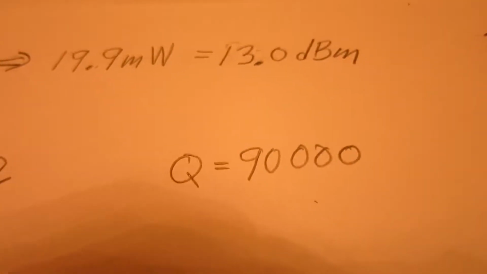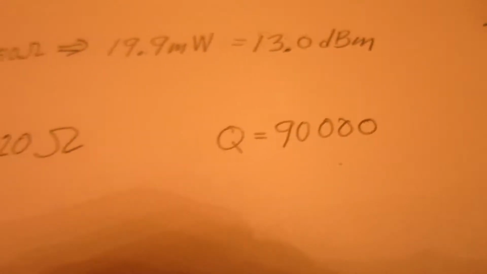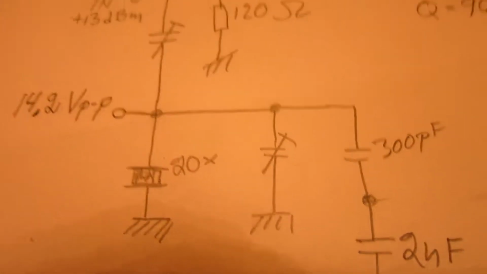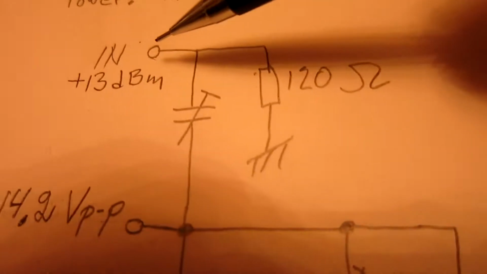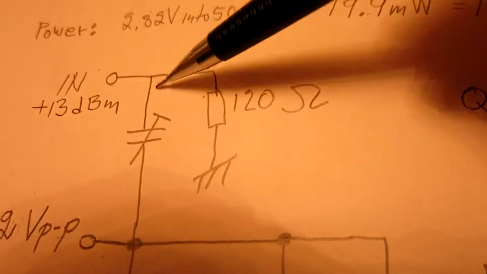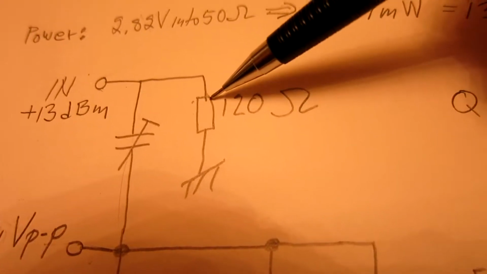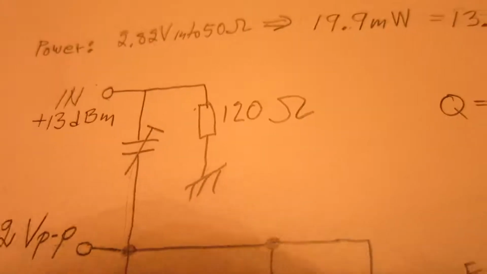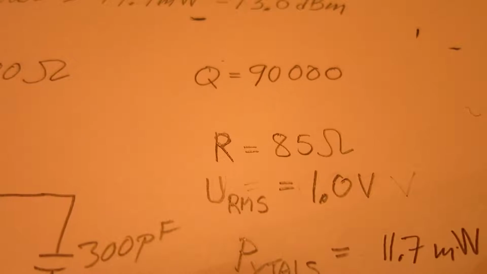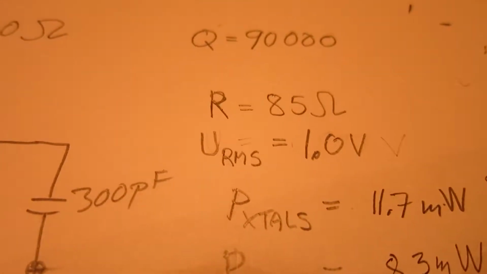I know the Q is 90,000, you can see that in the beginning of this video. There is no load on the crystals now. The only load they see is from the source here. And the impedance that this thing gives me is 50 ohms when it is parallel with 120 ohms. This means that the crystals load the input by 85 ohms and the voltage is 1 volt.